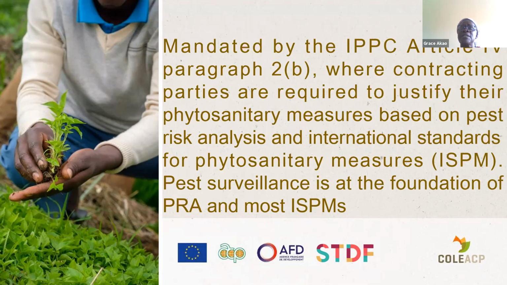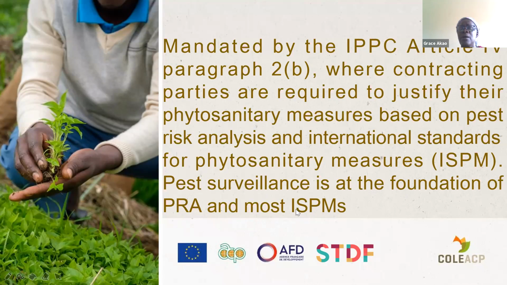And again, the IPPC itself requires contracting parties to justify their phytosanitary measures based on risk analysis and international standards for phytosanitary measures. And if you are going to make that justification, basing it on risk analysis, you therefore need to have done pest surveillance. And therefore, surveillance is at the foundation of pest risk analysis and most of the ISPMs.